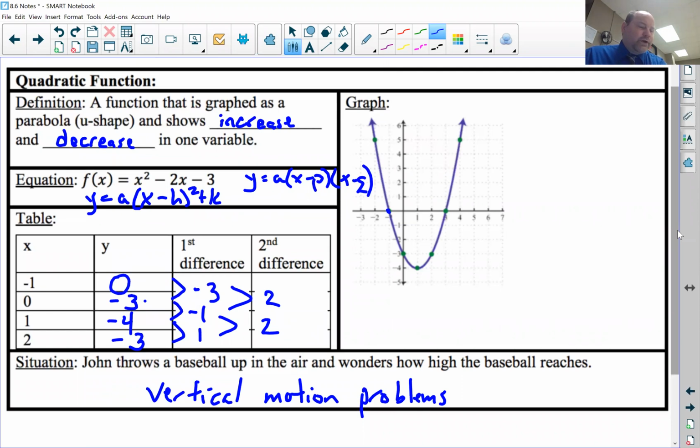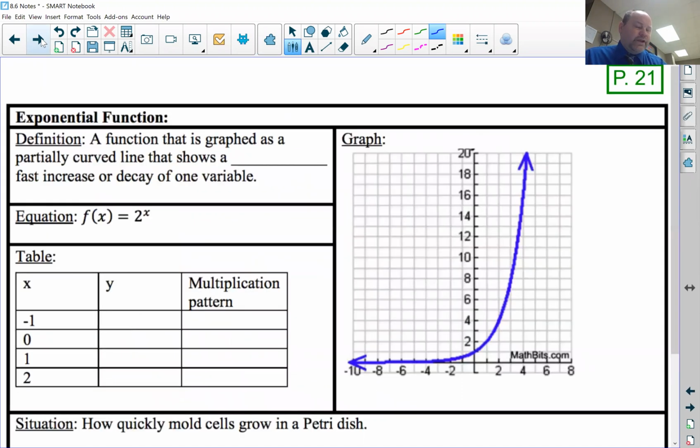The third type we're going to talk about are exponential, and these may be real new, which is okay. Let's look at the graph. First of all, notice this graph is very close. It actually isn't touching the x-axis, but it's very close for negative values. And then as we get to 0 and positive values, it really grows fast.